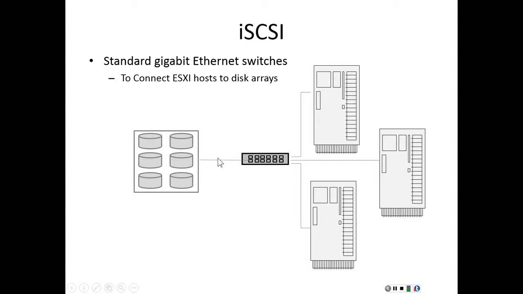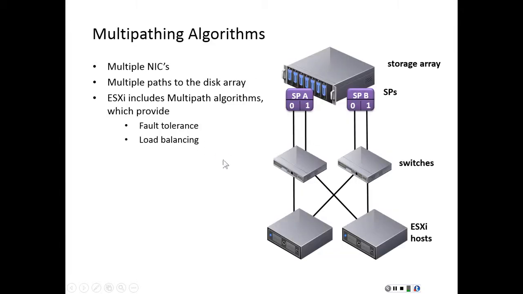If this cable going to the disk array were to break, then all of the ESXi hosts would lose their connection to the disk array. This is why we have multipathing.